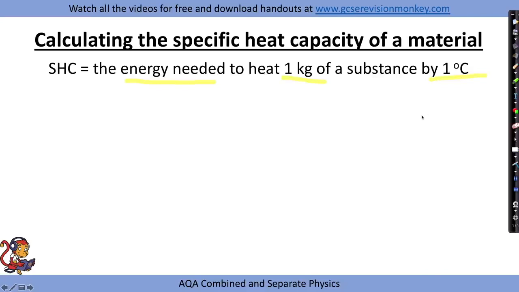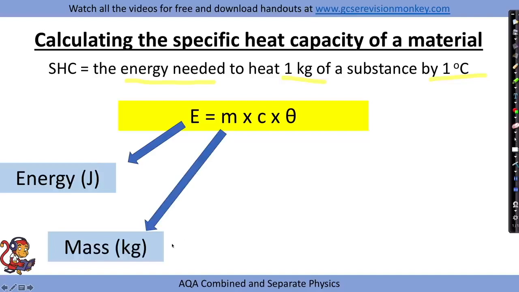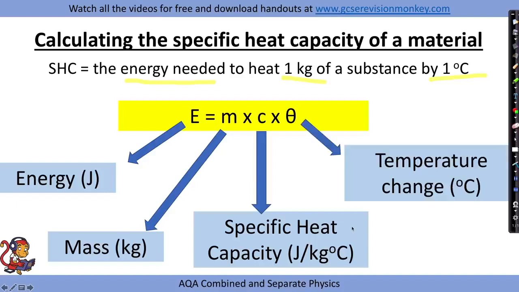Now there is an equation to go with this practical, and this equation you're actually given on your data sheet. The equation is E equals m times C times theta, whereby E is energy measured in joules, m is mass, measured in kilograms, C is specific heat capacity, measured in joules per kilogram degrees C, and theta is temperature change, measured in degrees Celsius.